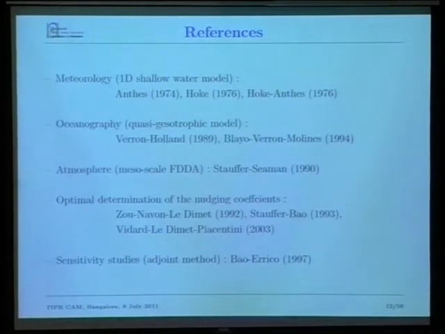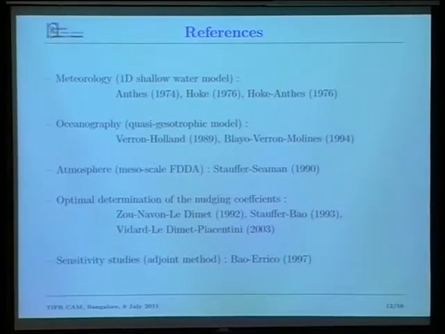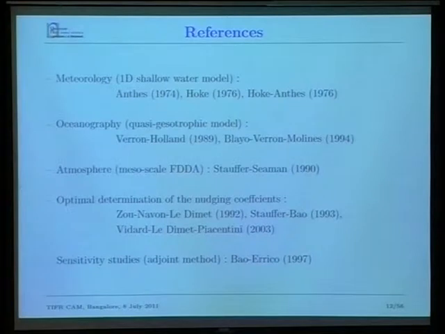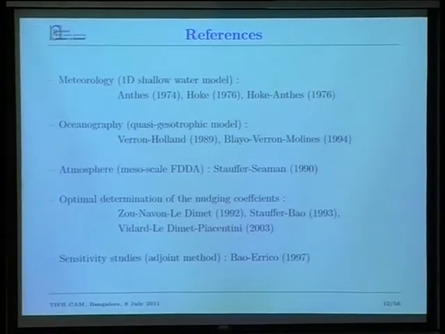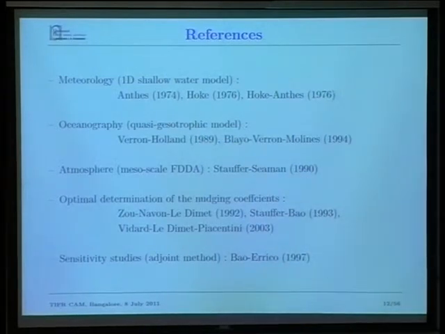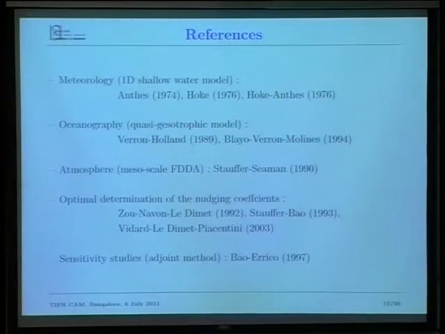So a few references about nudging. Probably the first application to a real meteorological problem is from these two guys, Auroux and Lorenz. At the time it was a 1D shallow water model, but it was in the 70s. Then it has been used in a quasi-geostrophic ocean model in the late 80s and 90s. Then for a mesoscale atmospheric and ocean model in the 90s.